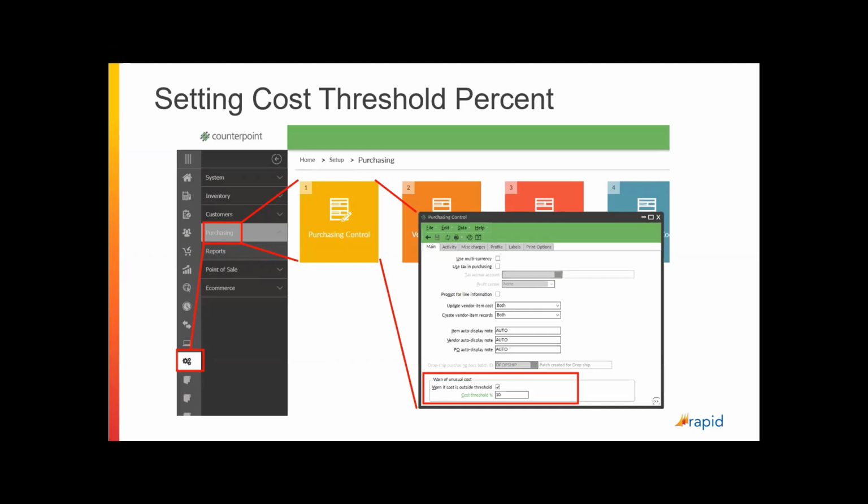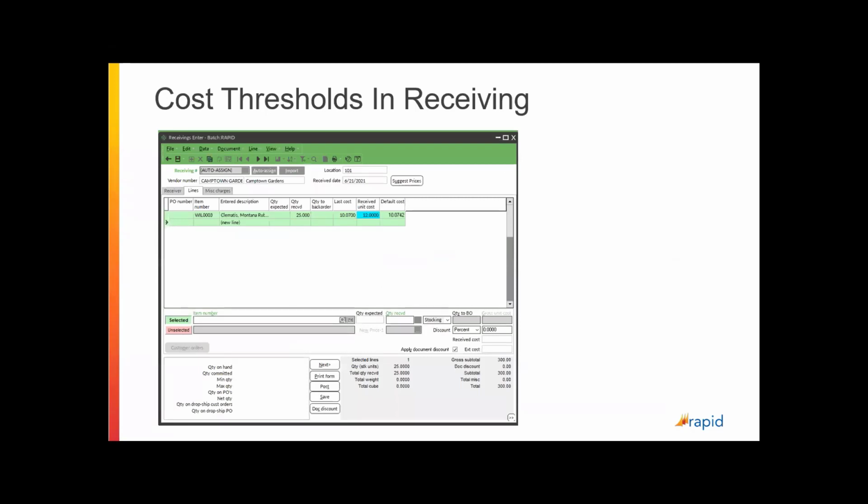So let's pretend we're going to go and put in a receiving. Whenever we put in this receiving, we can see the plant that we had before. It looks like I'm going to get another 25 of them, though if anyone was paying attention on the last screen, it looked like I already had 1,900 of them in the system.